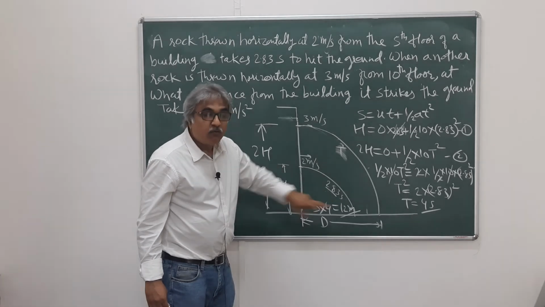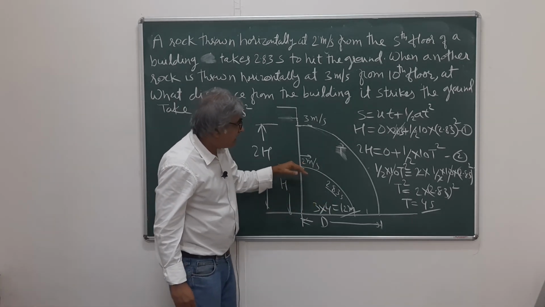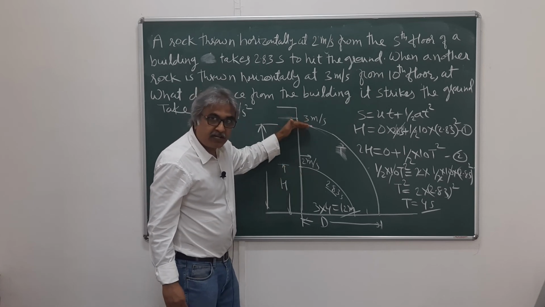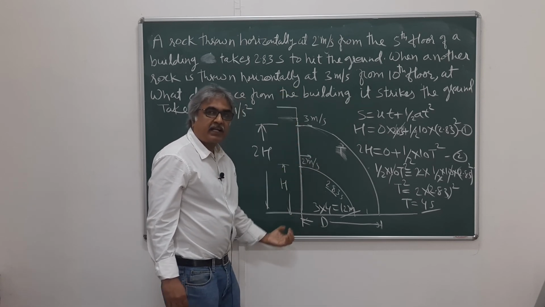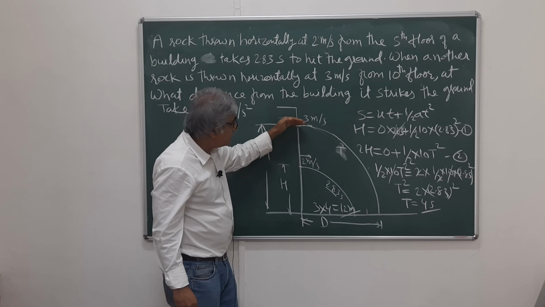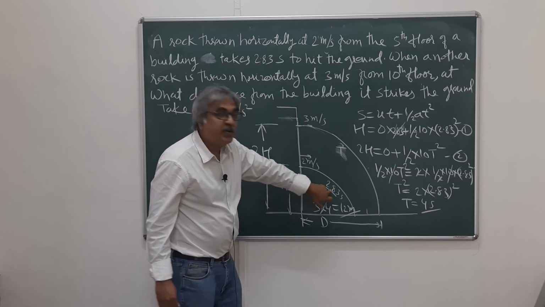That's wrong. Why is it wrong? Please note, from here it's starting from initial vertical velocity of 0. Here also it's starting from initial vertical velocity of 0 and the stone is dropping. Let's say we consider only rectilinear motion, stone dropping. But even then we cannot say that this stone will reach in time equal to 2 into this.